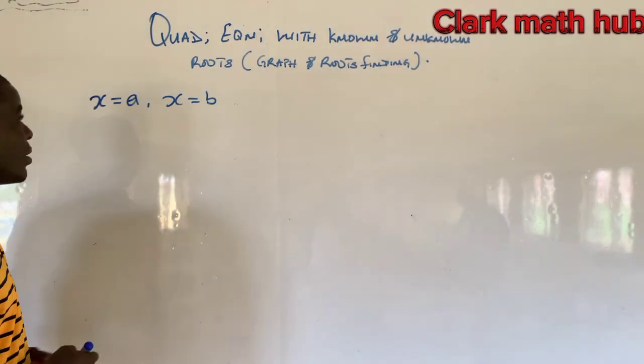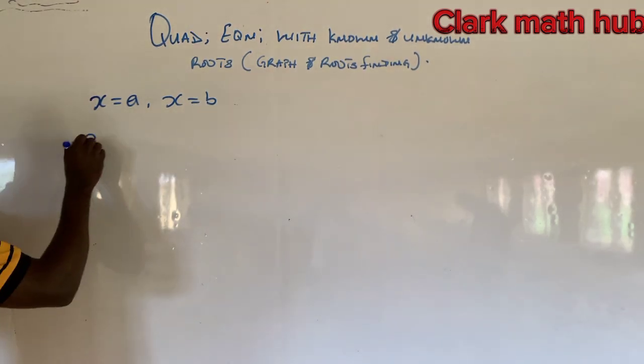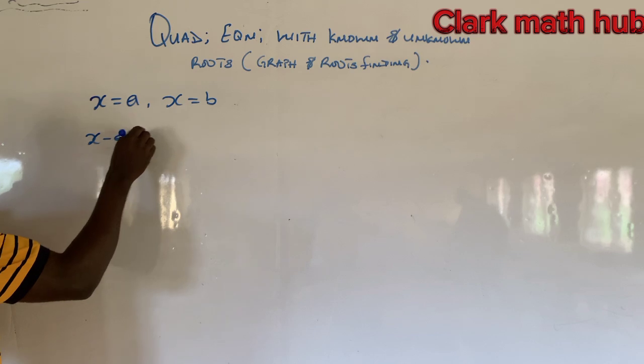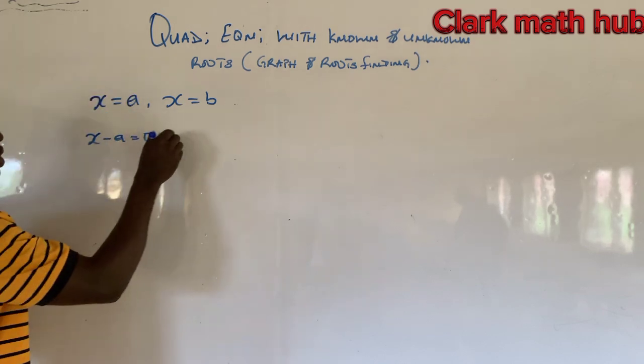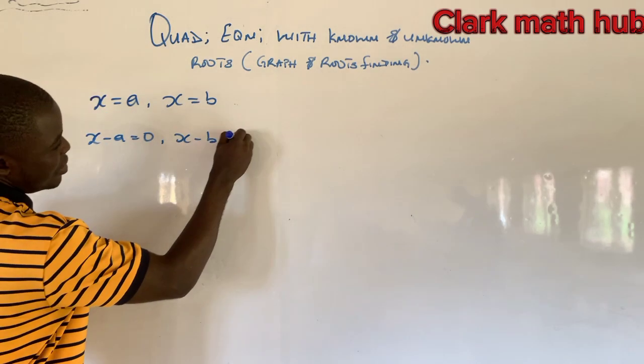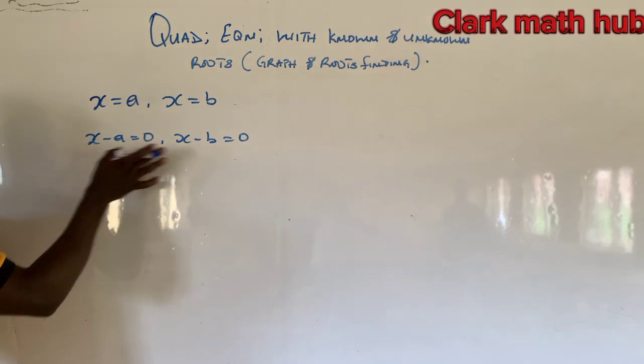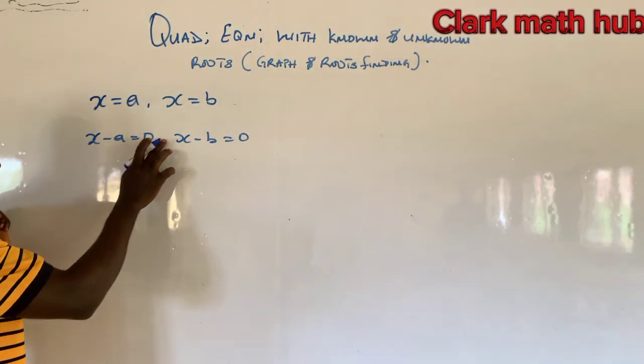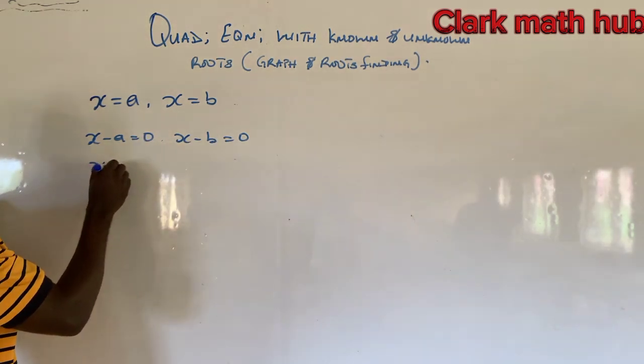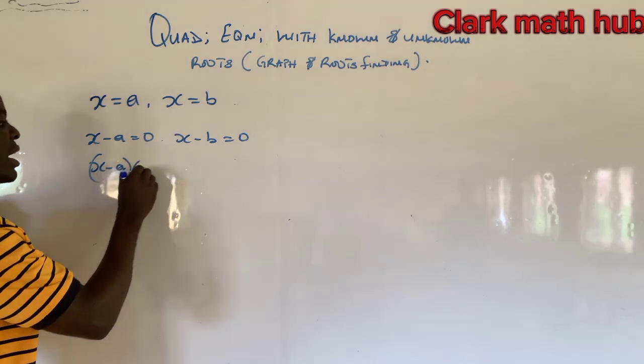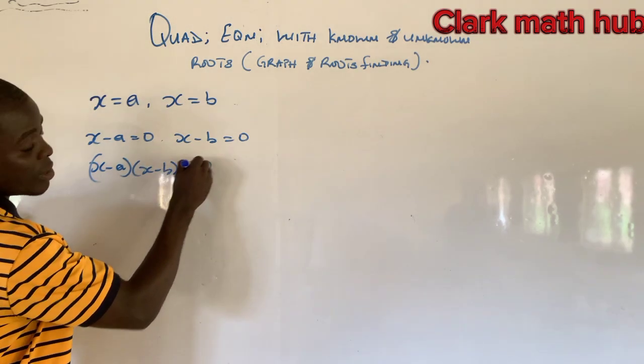For us to find this, I'll say x minus a equal to 0, and x minus b equal to 0. Since both of them are equal to 0, mathematically, (x minus a) times (x minus b) is equal to 0.